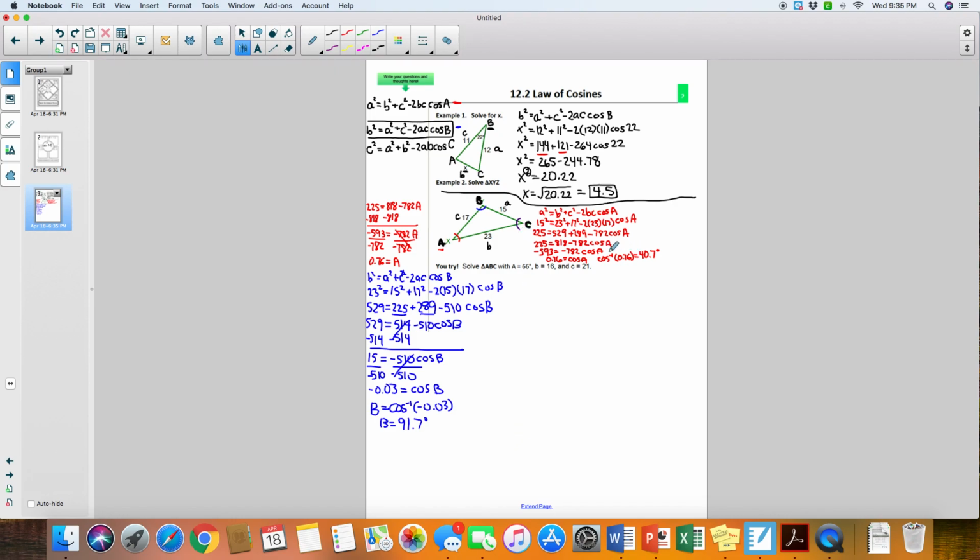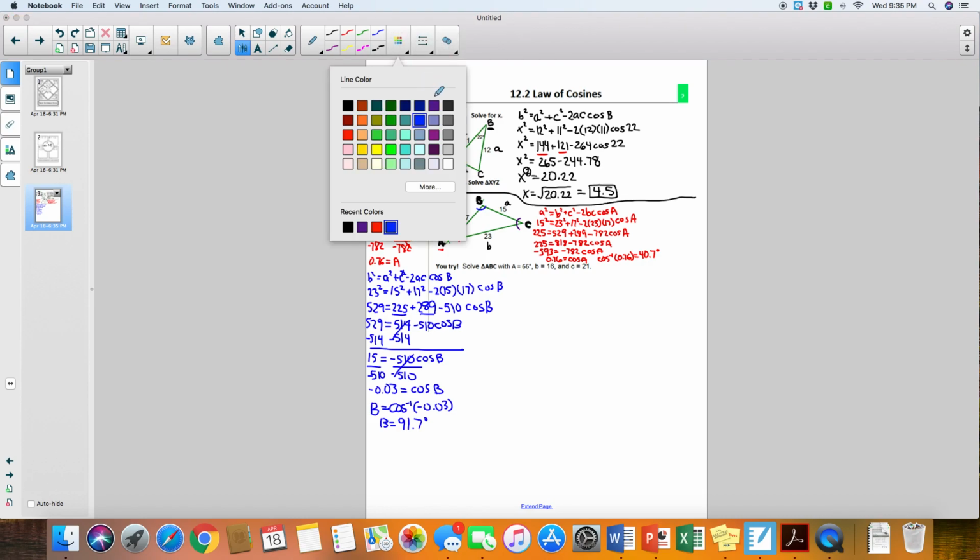So now I know angle A is 40.7. I know angle B is 91.7. All right, so I can now use the triangle sum theorem that just says that all three angles should sum to 180 degrees. Instead of using trig again, instead of using law of cosines again, I can just use the triangle sum theorem.